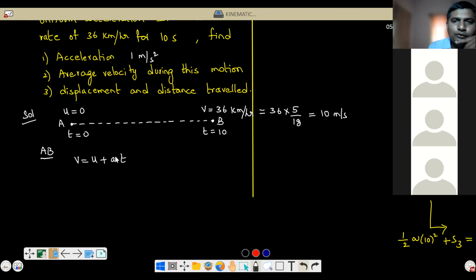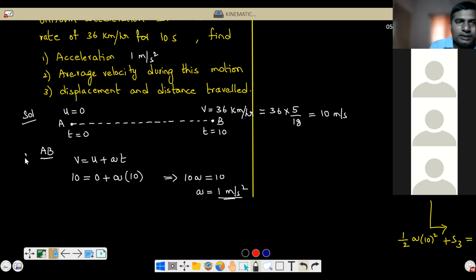I can apply because I know V. The velocity at B is 10, equal to U, which is 0, plus the acceleration, which we have to calculate, A into time. Time is 10 seconds. So 10A equal to 10, which implies A equal to 1 meter per second square. Correct.